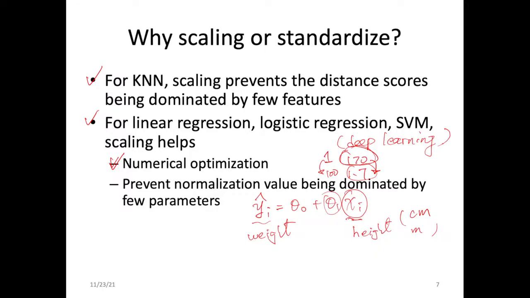So if someday we have a new way to find theta which doesn't depend on gradient descent, some way to find the thetas directly, perhaps we don't need to scale the features. But now, because we still heavily depend on gradient descent, which is a numerical way to get the thetas, we need to scale the features first.